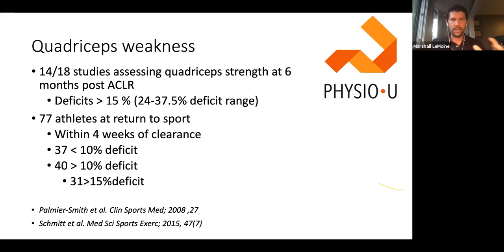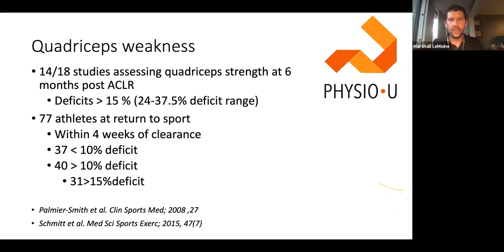So we have to start to look at that ahead of time and say, all right, from months 4 to 6, I need to start saving a lot of these visits, because it's not necessarily safe enough to do cutting and pivoting and single limb hopping tons, but maybe at month 4. However, I need to work on things. Maybe we continue to work on strength and stability, and then have them start coming back every other week or something. I think that's a very specific situation to where you work and what state you're in.